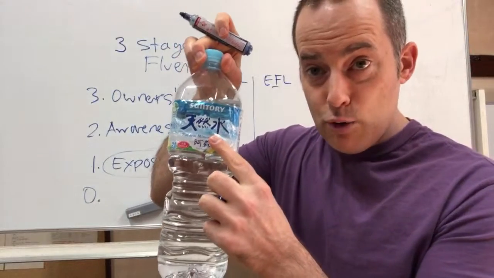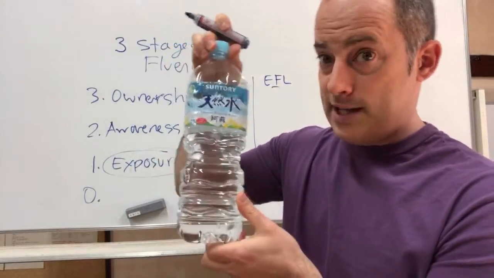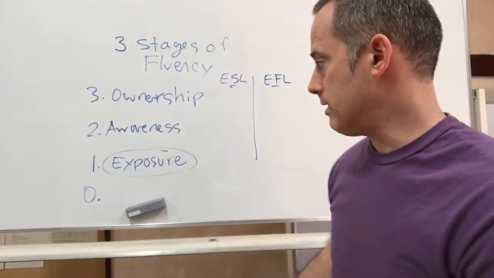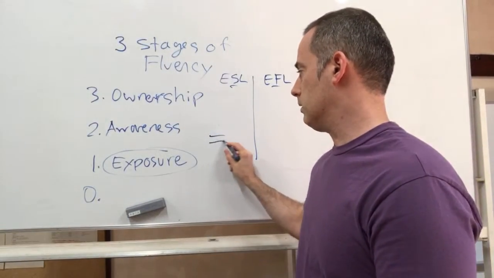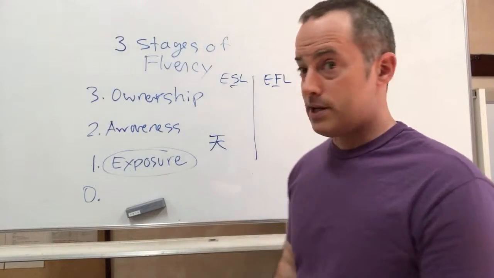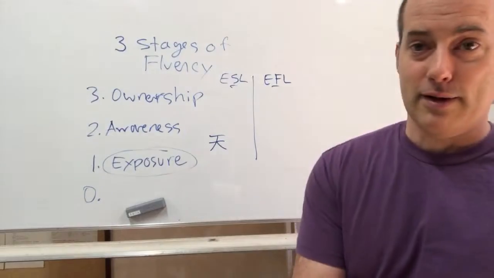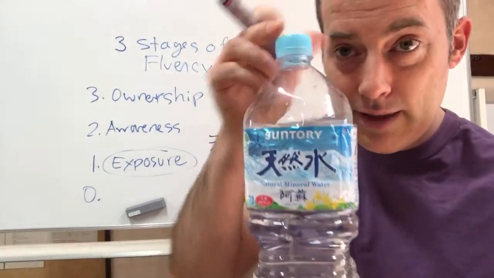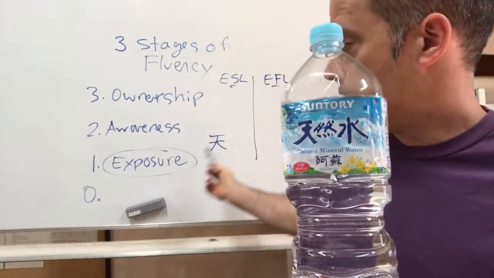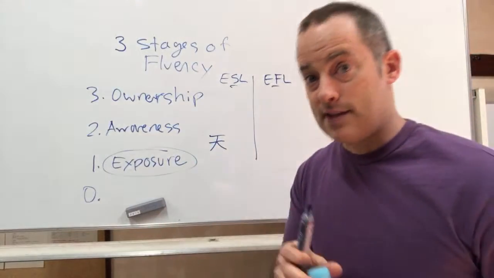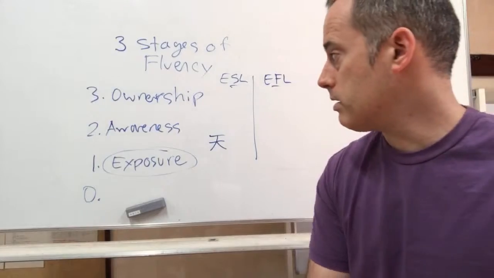They get exposed to something like this because they might see this bottle somewhere, or their parents might have something like that. But the actual character is this. Now it looks pretty simple. And when you look at it like this, it's a lot more clear than looking at something like that. So you can compare this one over here with this one over here. And again, that's a stylized version of the character.